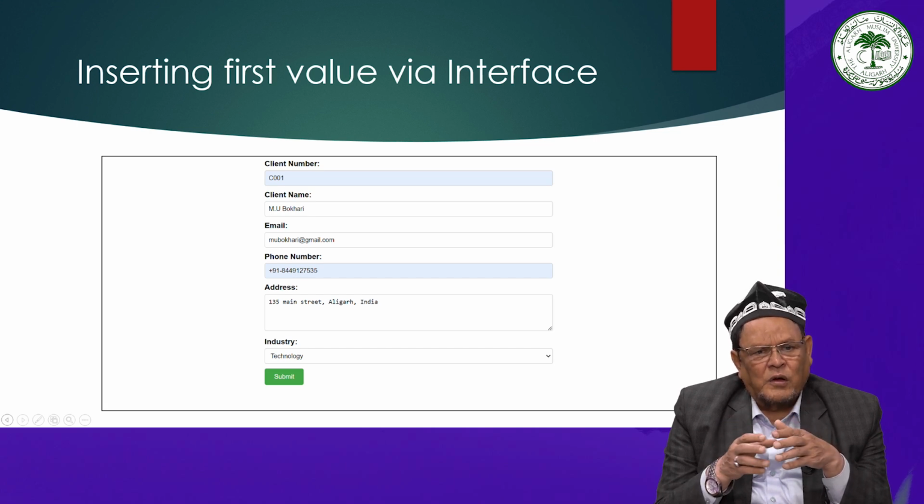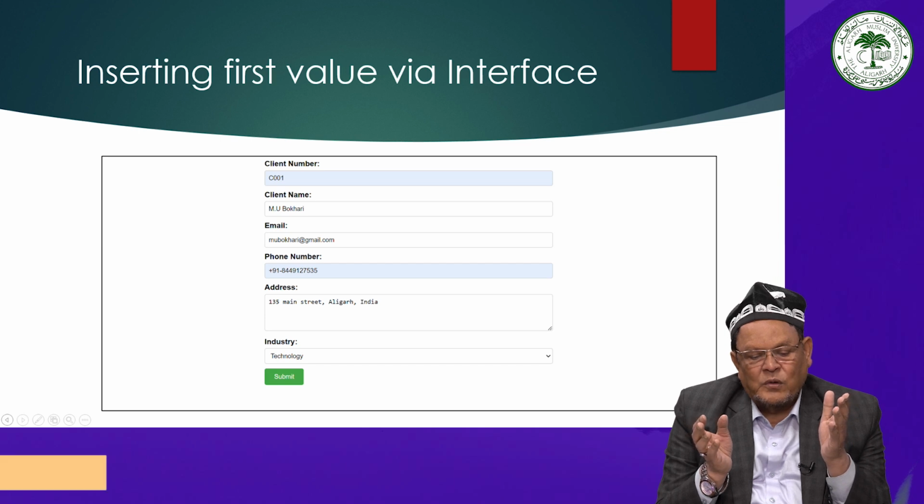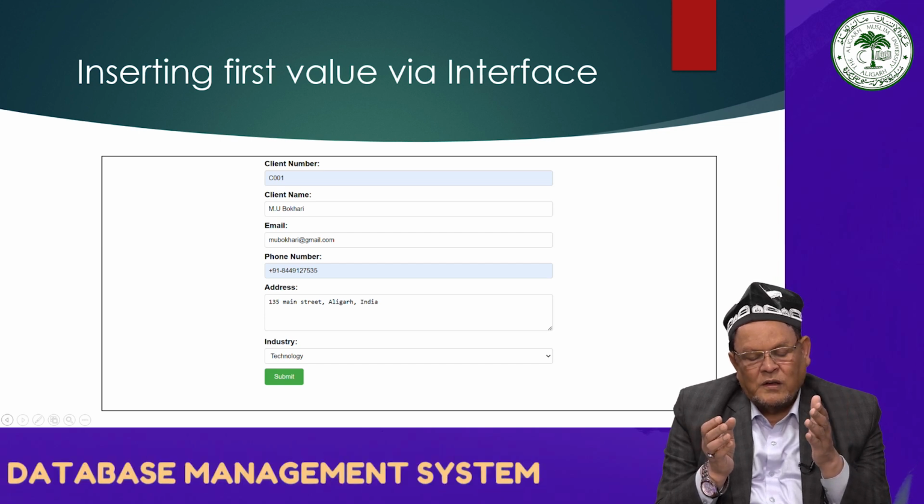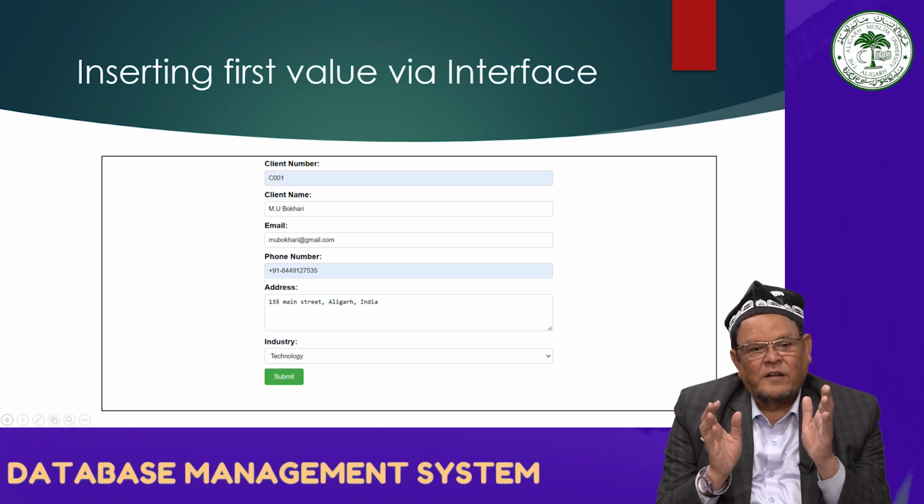In the form, the client number you have to enter is C001, client name MU Bukhari, email mubukhari@gmail.com, and the phone number is +91 844 91 27535. The address is 135 Main Street, Aligarh, India, suppose.